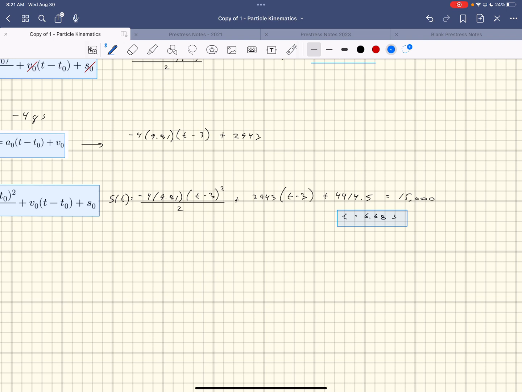Absolutely do that, because if you write down t equals 6.68 seconds and that's wrong, then I can't give you any extra credit or partial credit. I can't go, oh look, it must have entered something in the calculator wrong. If you just give the answer, I don't know what you did. But if you write down your equation, I can usually find what went wrong. Okay. Cool beans?